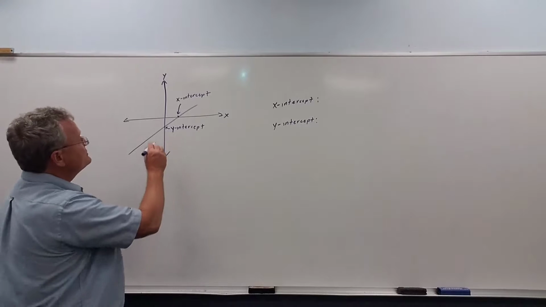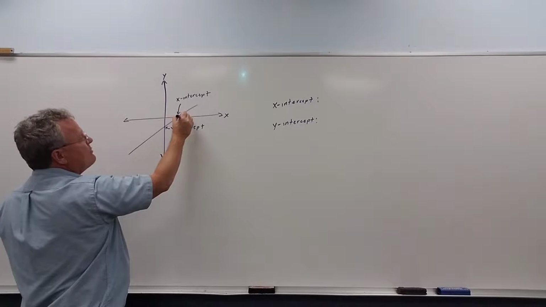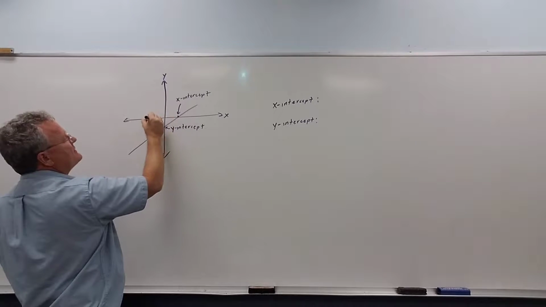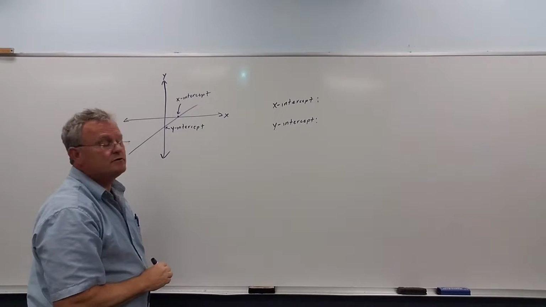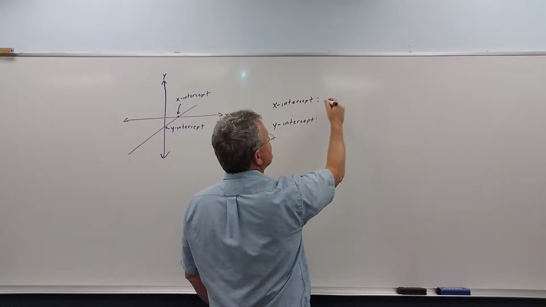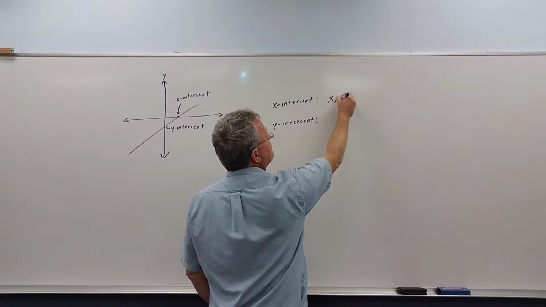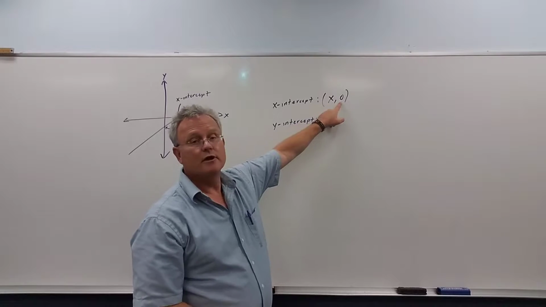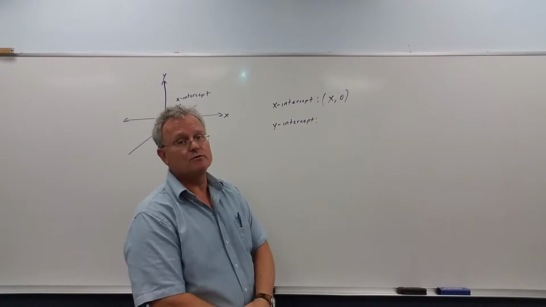So notice, for any point on this line, any point at all, the value of y here is 0. So the x-intercept is always going to be of the form (x, 0), some number comma 0, because y is always going to be 0.